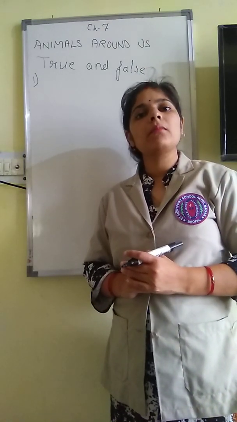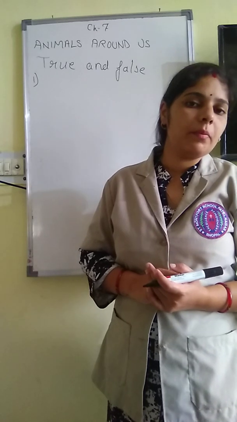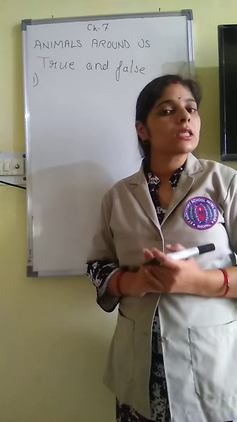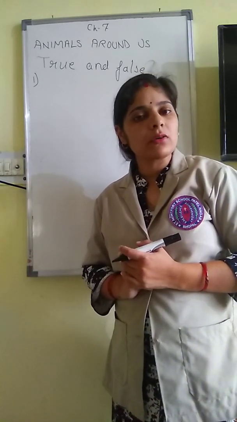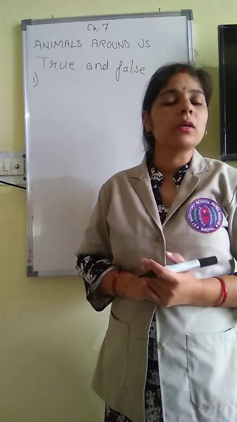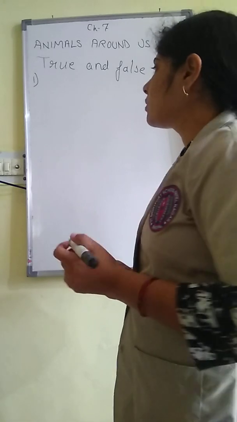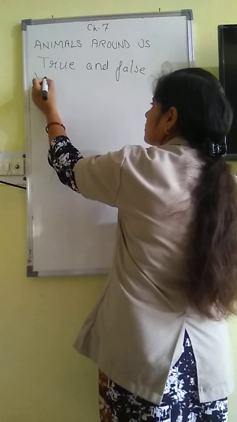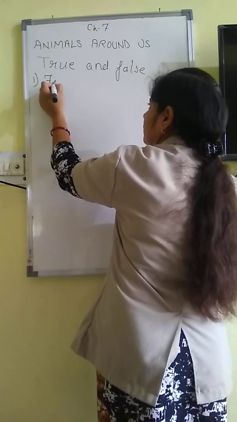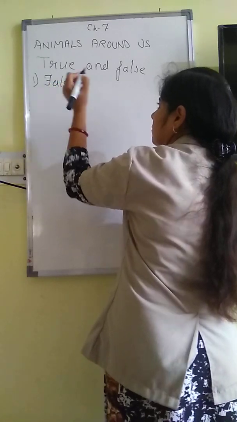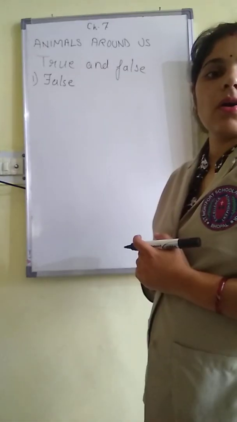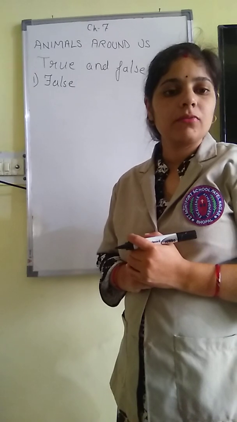No. Some animals eat plants, they are called herbivores. Some animals eat flesh, they are called carnivores. And some animals eat both plants and animals, they are called omnivores. So this statement is false. That means all the animals do not eat the same kind of food.